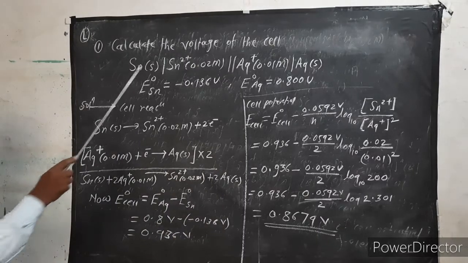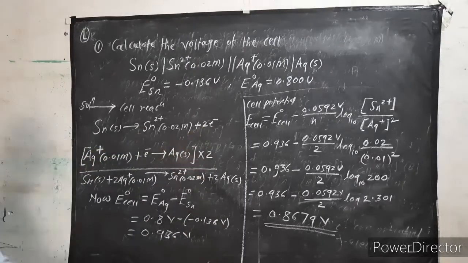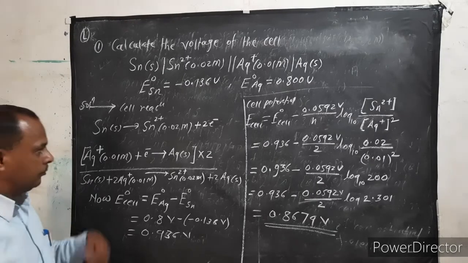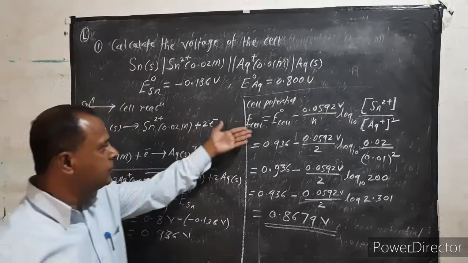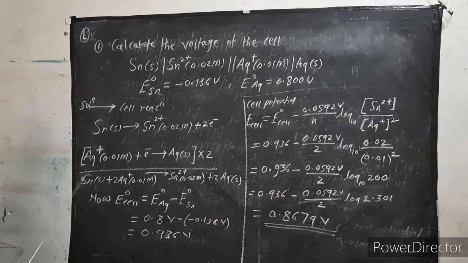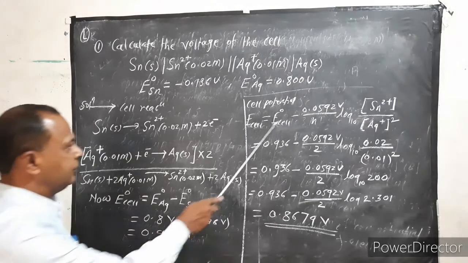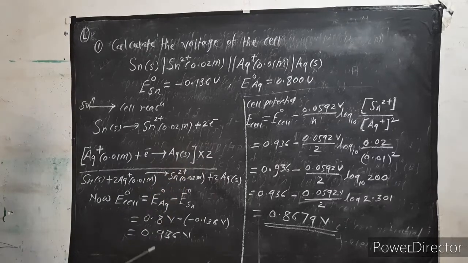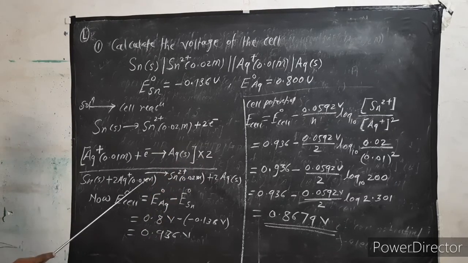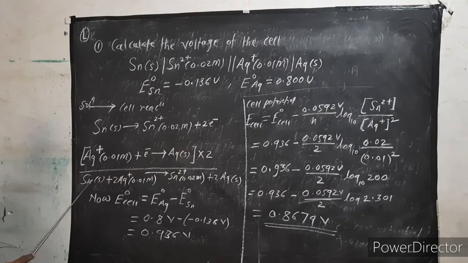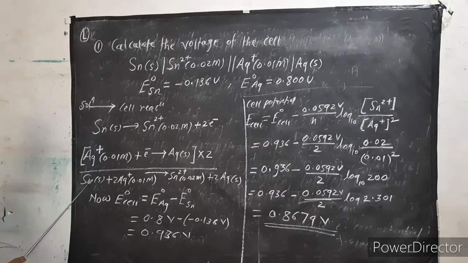To calculate the voltage of the cell means to calculate the cell potential, so you have to apply the Nernst equation. First we calculate E naught cell using these two values, and also write the cell reaction from the given galvanic cell to obtain the net cell reaction.